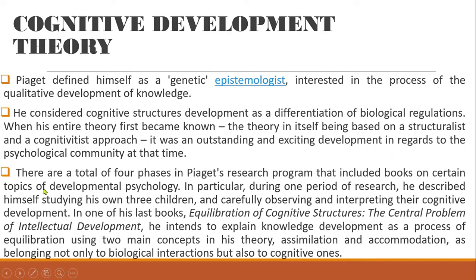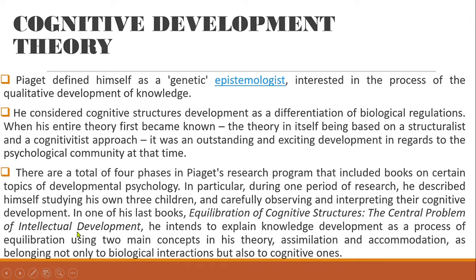So there are a total of four phases in Piaget's research program that included books on certain topics of developmental psychology. In particular, during one period of research, he described himself studying his own three children and carefully observing and interpreting their cognitive development.